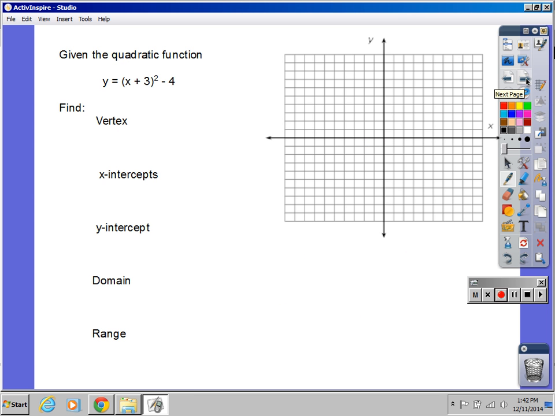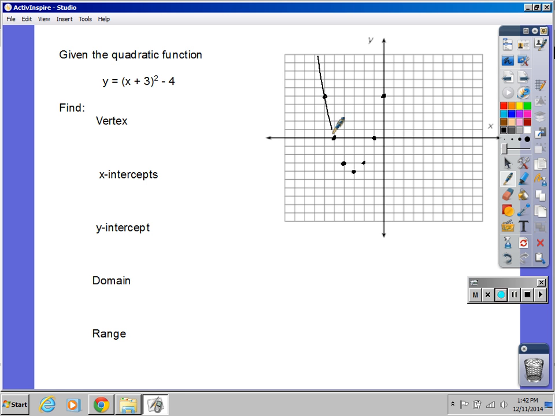Next, given the quadratic function, find the vertex, the x-intercepts, the y-intercept, the domain, and the range. So first would be to graph that. All right, so you can use your calculator to do that. You could also do it by hand because you know the vertex from the formula.